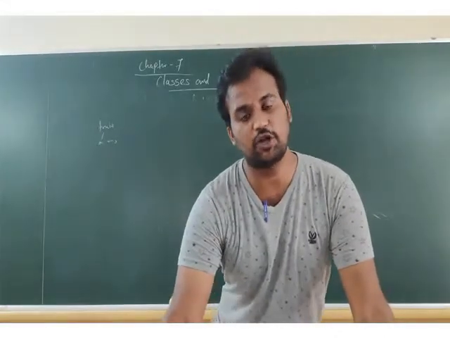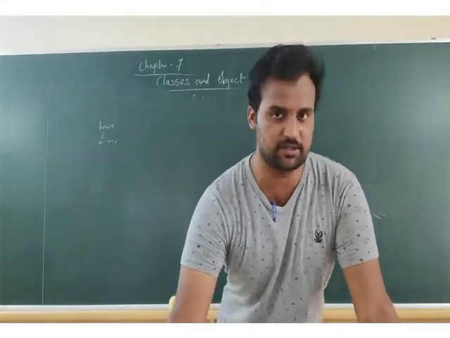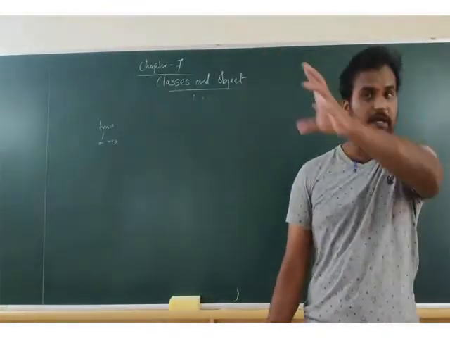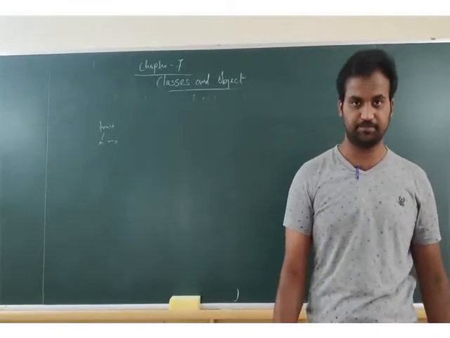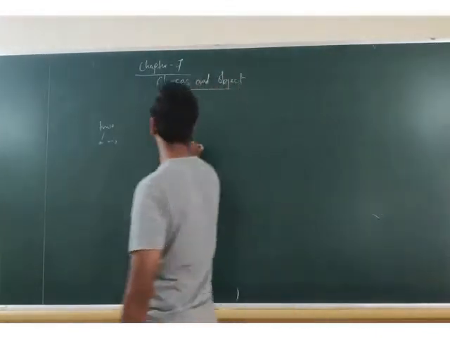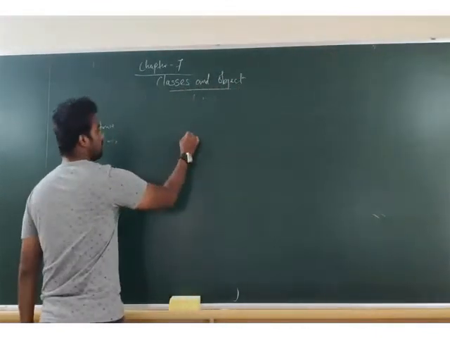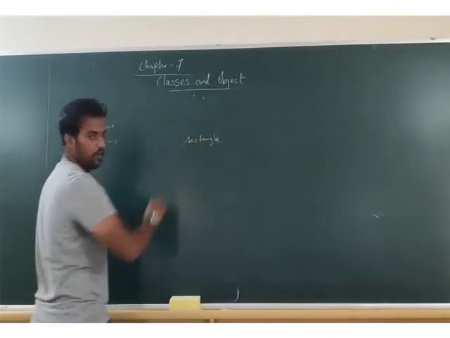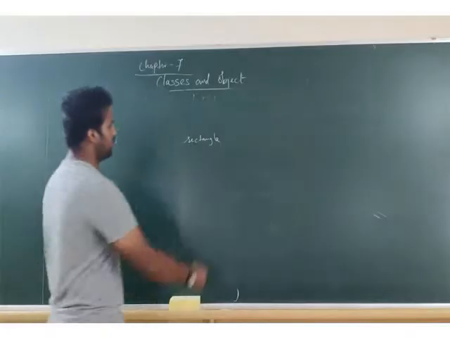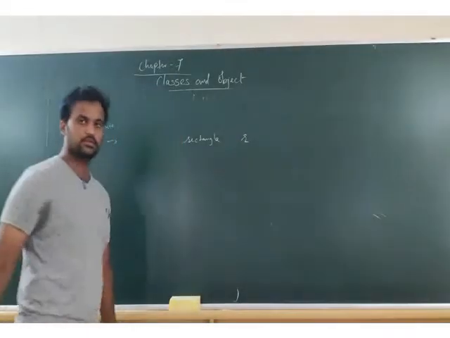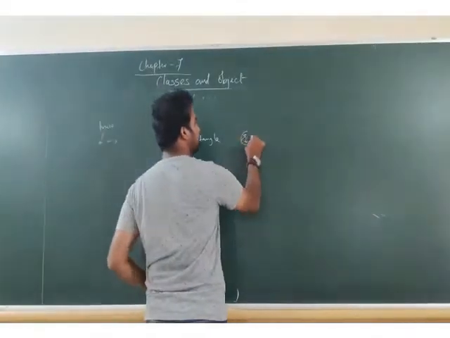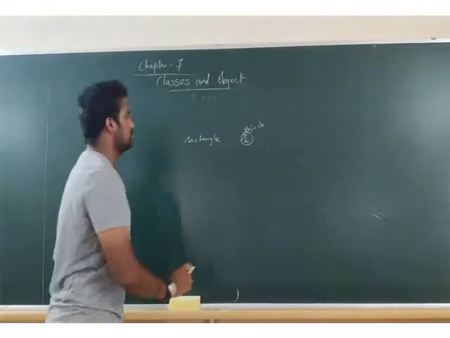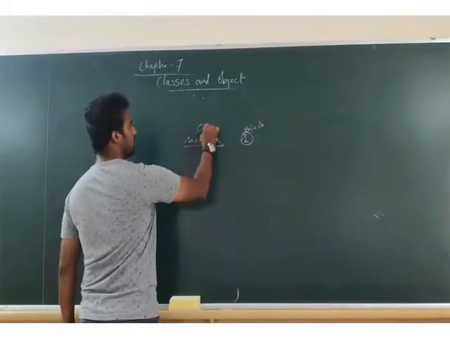So what are the objects? Objects are instance variables. Instance variable means on the spot we give some variable name, and that is nothing but an object. For example, rectangle is the class name, which we have just studied. I will give here R. This is the object, and this is the class name.